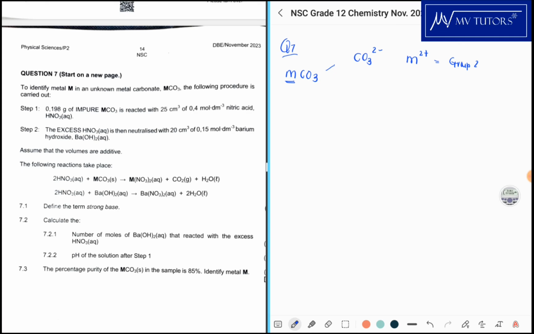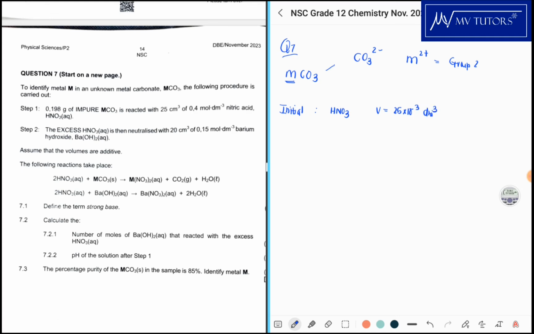Anyway, we have step 1. So they tell us that we have 0.198 gram of this impure metal carbonate, and then it reacts with 25 cubic centimeters of 0.4 mole per cubic decimeters nitric acid. Okay, so step 1, in the initial stages, for this nitric acid, we have a volume of 25 times 10 to the negative 3 cubic decimeters.